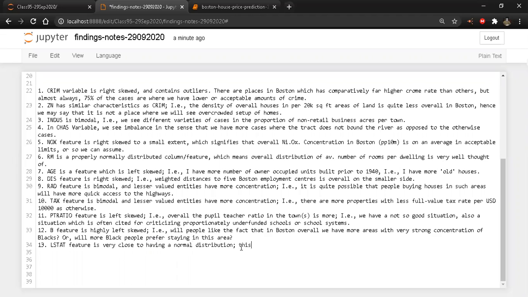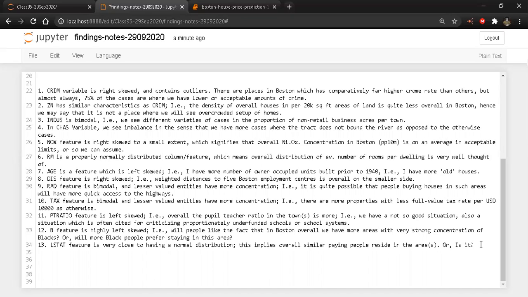This implies overall similar paying people reside in the areas. So almost all of the people who are staying in this entire area may have a very correlated kind of salary, or is it? So I don't know. These are kind of questions that I can solve.